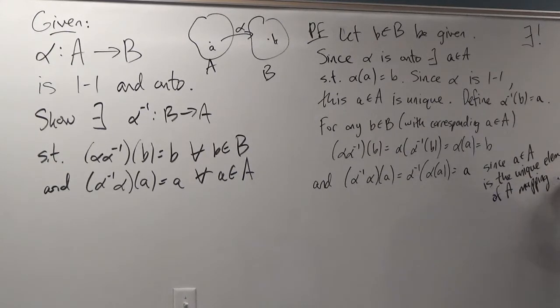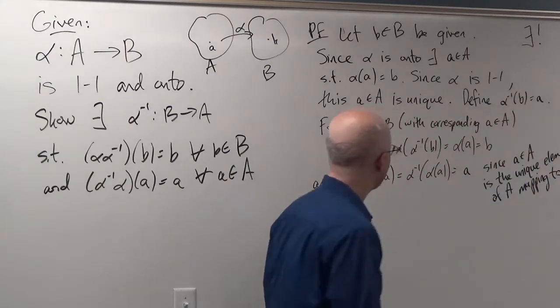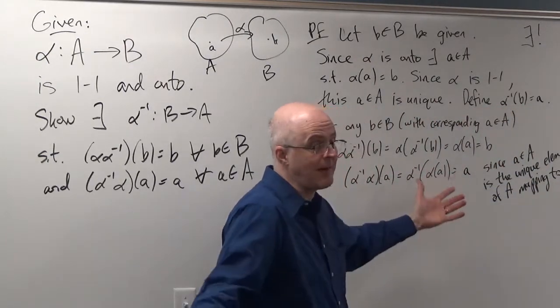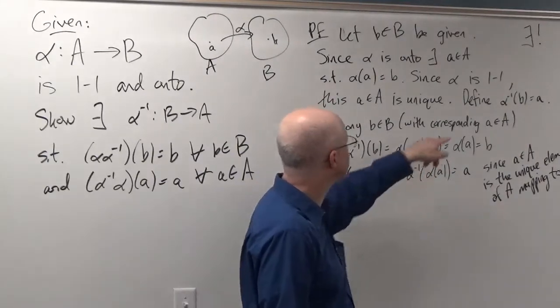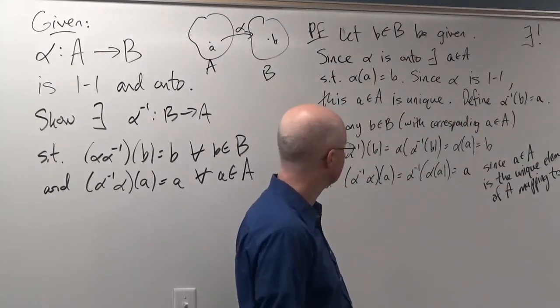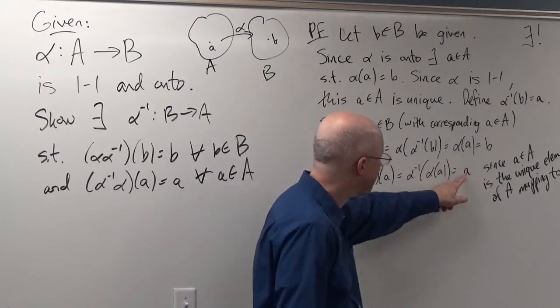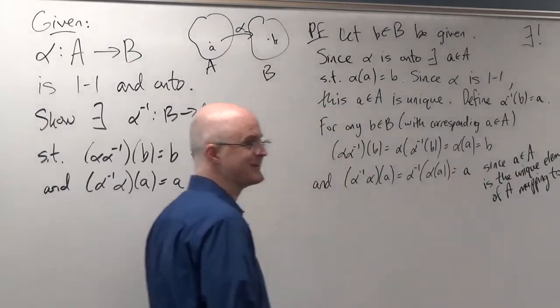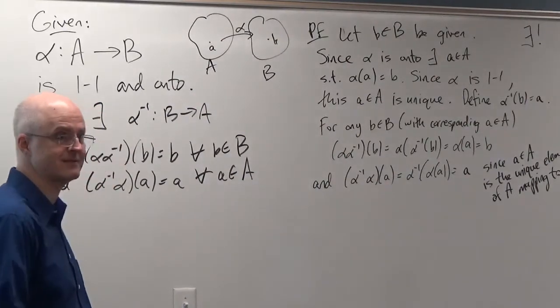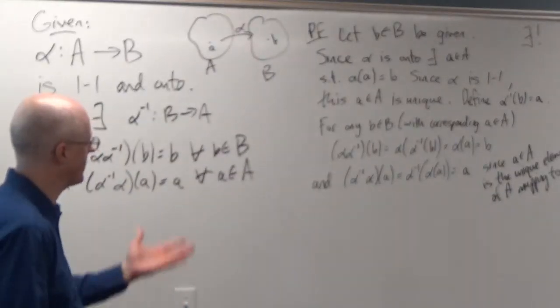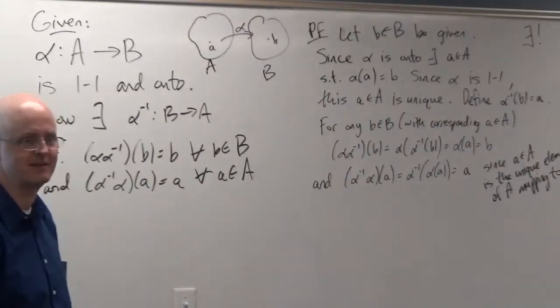Again, you can call it b, but you can also just call it alpha of a. A is the unique element of capital A that maps to alpha of a, which we've called b. Therefore, by definition of alpha inverse, that thing has got to be a. It is confusing, it is a bit tricky, but that really is the reason. And to be fully rigorous, I think something like that should be said.